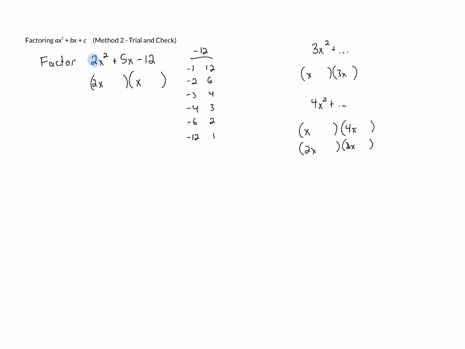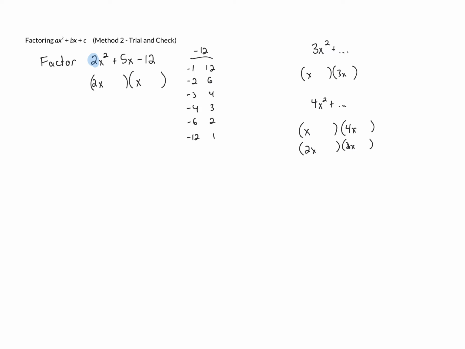So there are 6 different possibilities for how to fill in the constant terms, but in actuality there's 12. Because if we put the negative 1 here and the 12 here from the first possibility, that's different than if we put the 12 here and the negative 1 here, because the first terms are different.